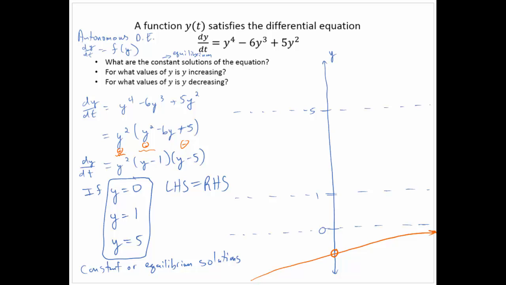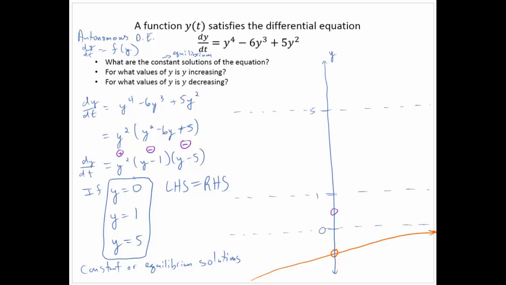What about if we chose a value between 0 and 1? Then y squared would be positive. Since y is between 0 and 1, y minus 1 would be negative, and y minus 5 would also be negative, wouldn't it?